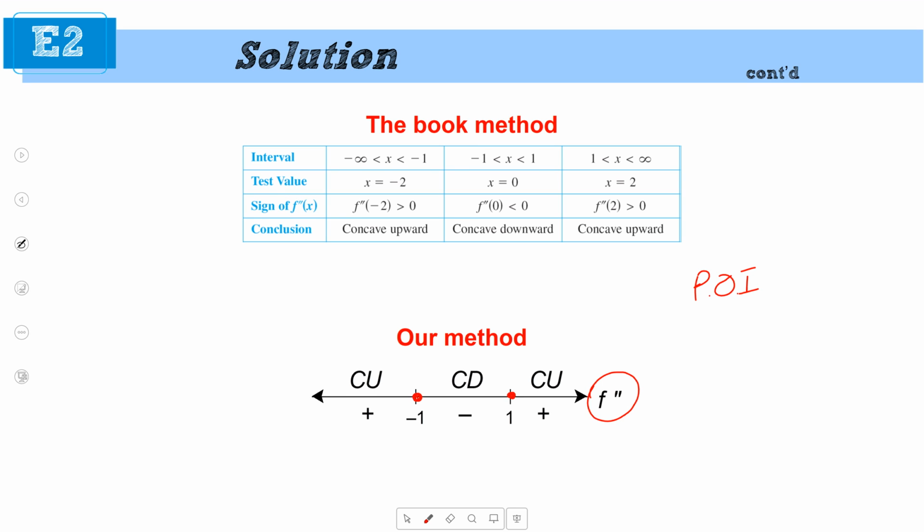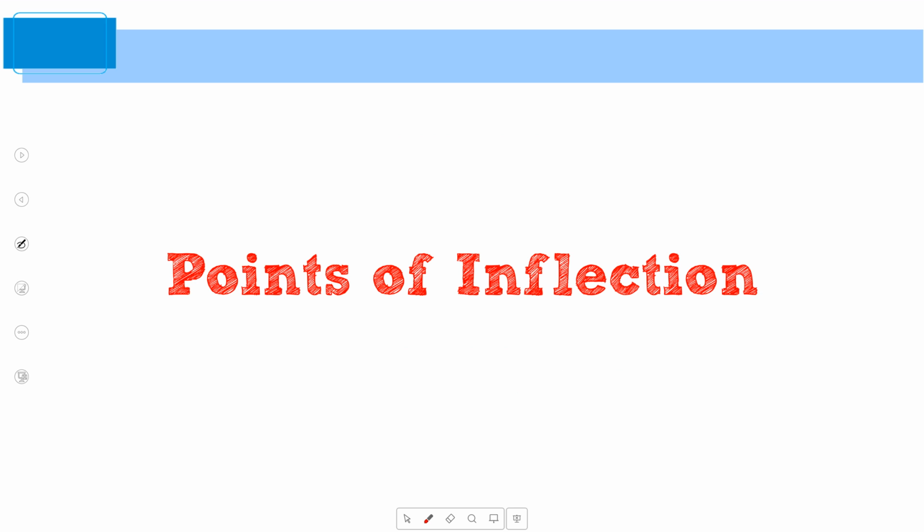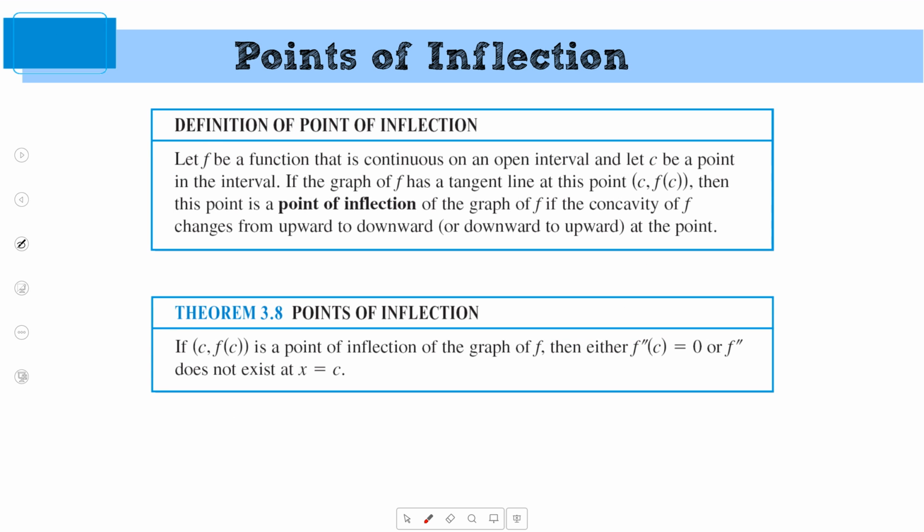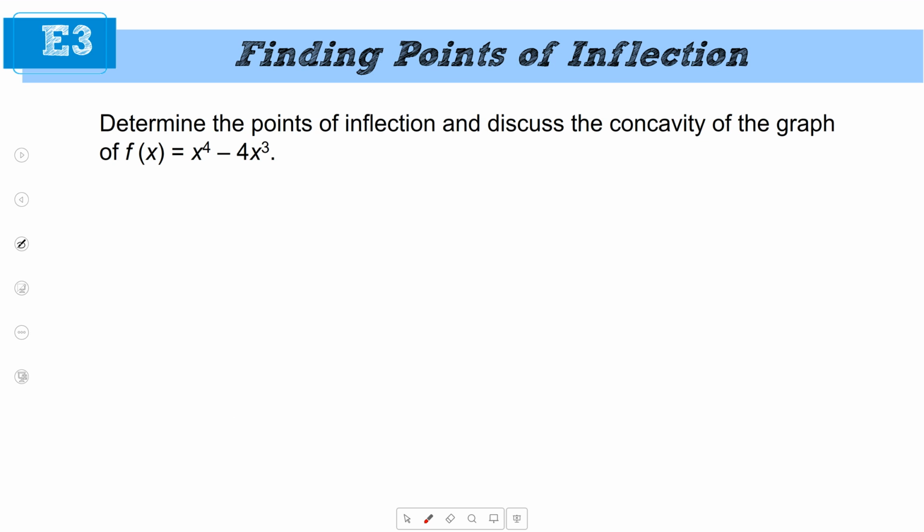Okay, anytime the second derivative changes signs, we generate a point of inflection. It's a concavity change, which is exactly what that looks like. And there's the fancy definition, which we don't care about because we already talked about it. It's where the concavity changes concave up to concave down to concave up. Whoosh.